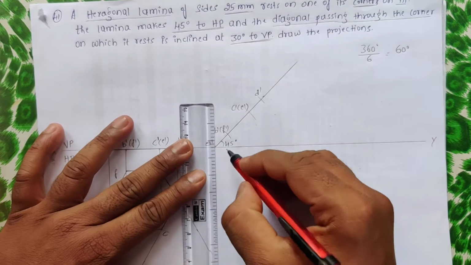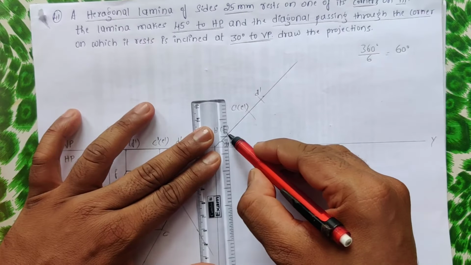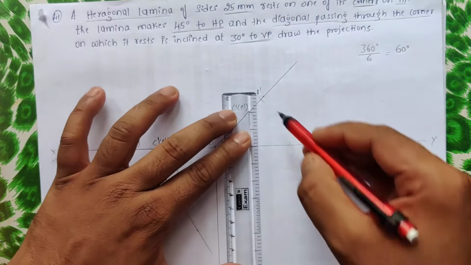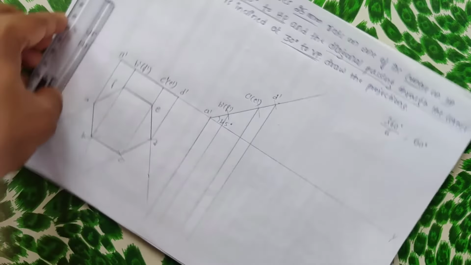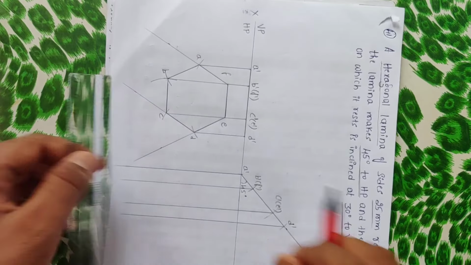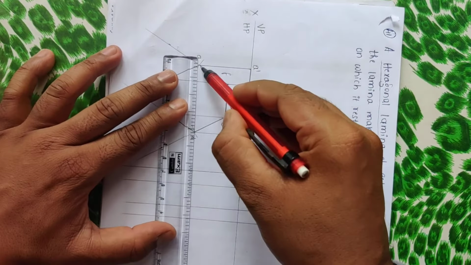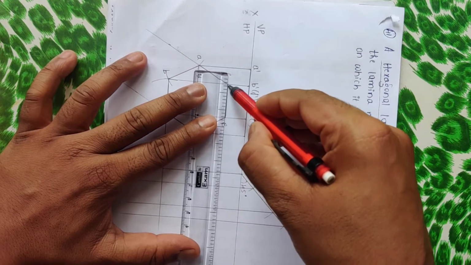Now we have to project it downwards. Project it downwards. Thin lines, projection downward, and projection downward. Make sure that all the lines are thin, and from this project every corner forward. 1, 2 and 3.